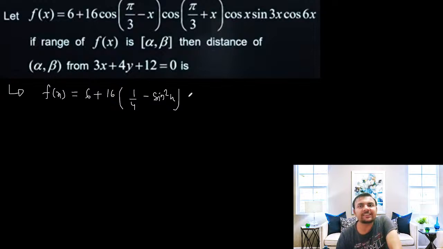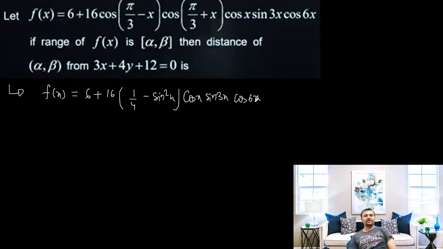We have cos x, sin 3x, cos 3x. So if the range of f(x) is alpha to beta, okay, we have to find the range. Sin 3x, cos 6x. Then the distance of this with this, okay?